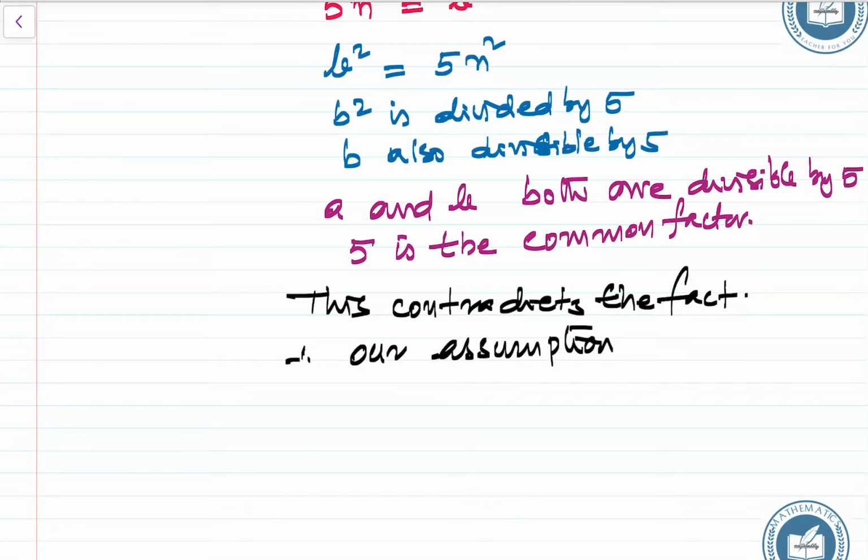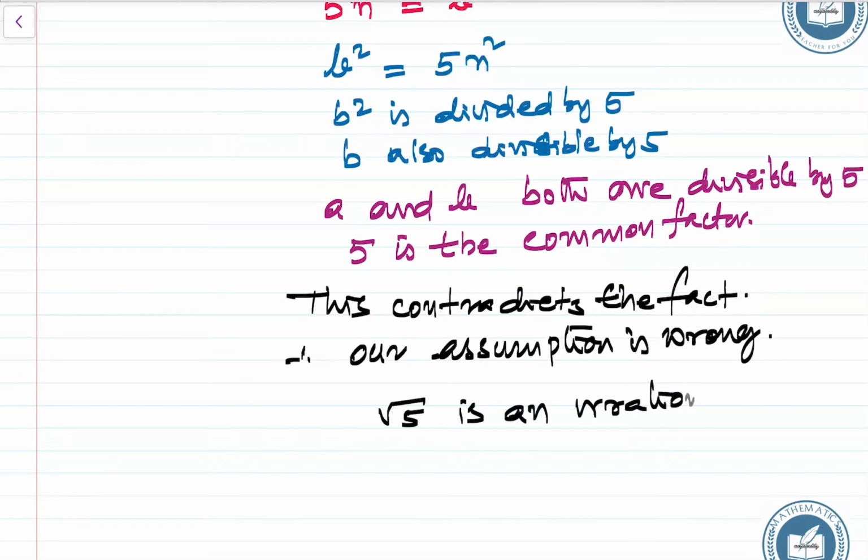Our assumption is that root 5 is a rational number. So whenever our assumption is wrong, we can say that root 5 is an irrational number.